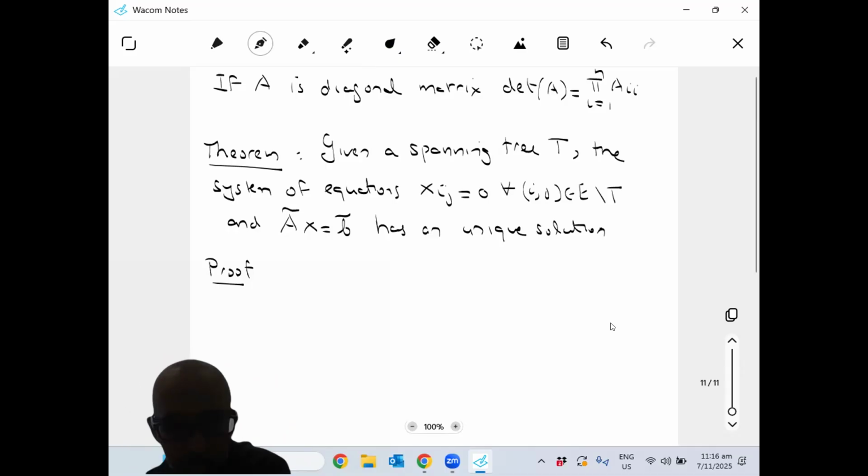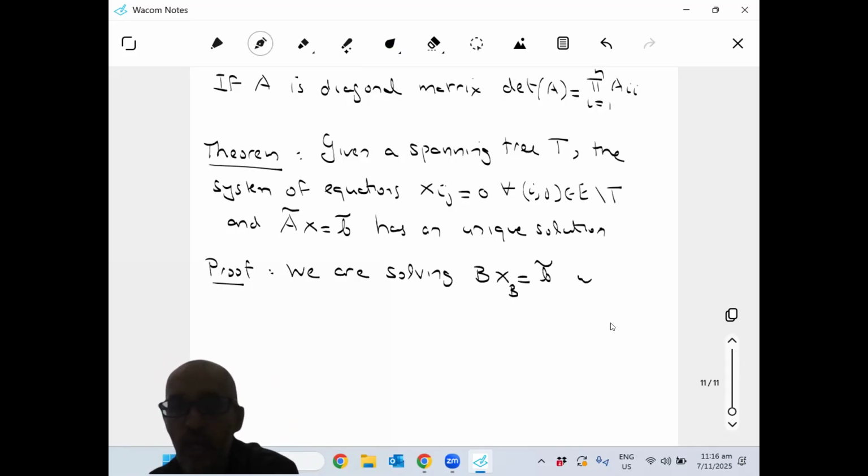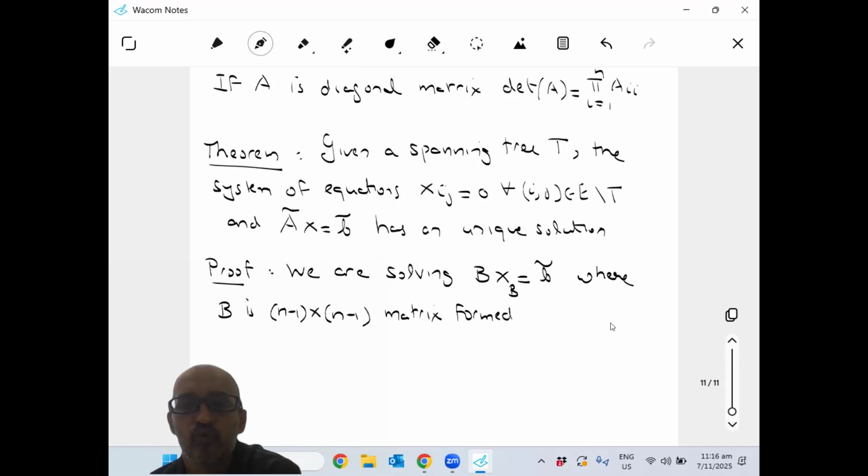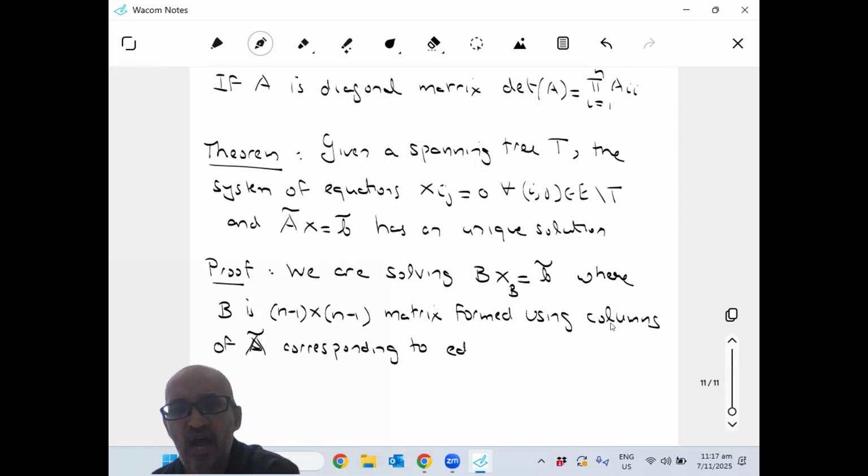So we are left with solving B x equal to b tilde, some basic variables, where B is an (n minus 1) by (n minus 1) matrix formed using the columns of A tilde corresponding to the edges ij in T.